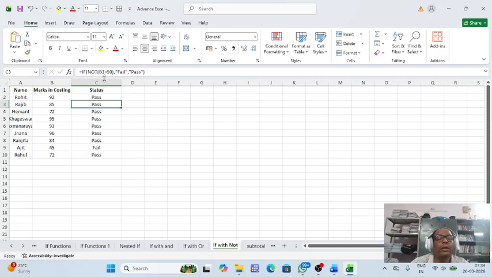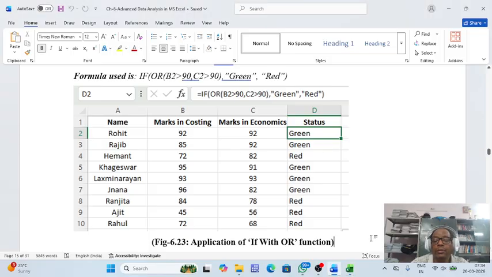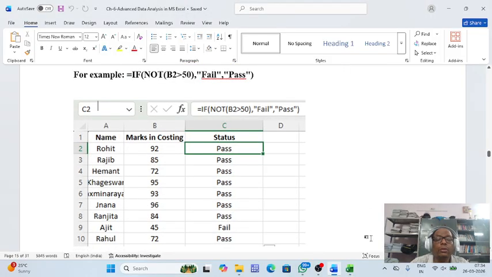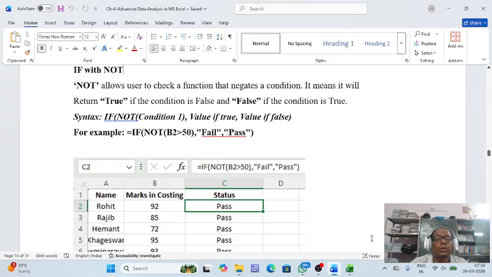Okay, then you will apply IF NOT. Okay, you will apply the IF NOT formula. So NOT allows the user to use a function that negates a condition, meaning it will return true if the condition is false. Okay, for example, IF NOT B2 is greater than 50, then it will show you failed.